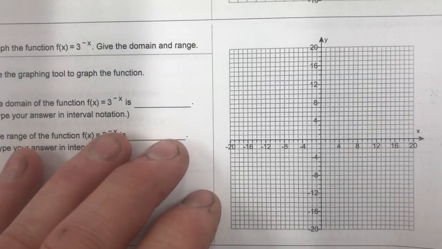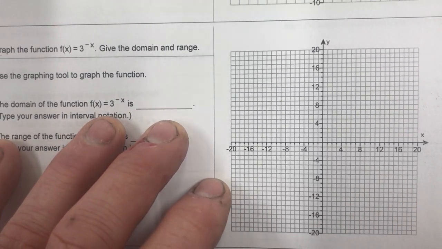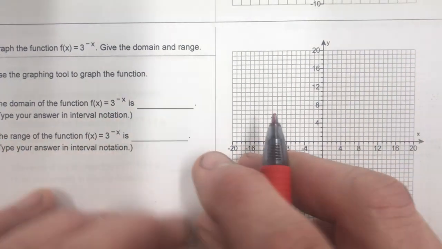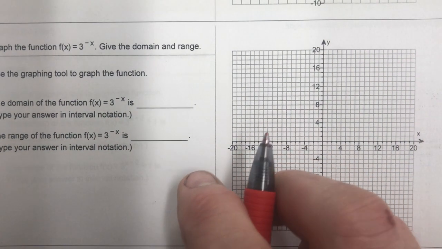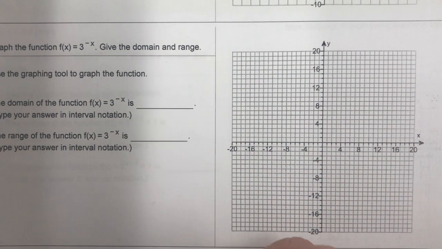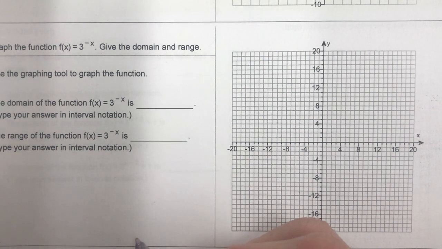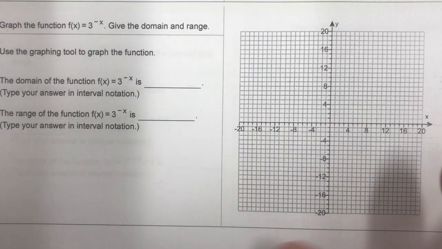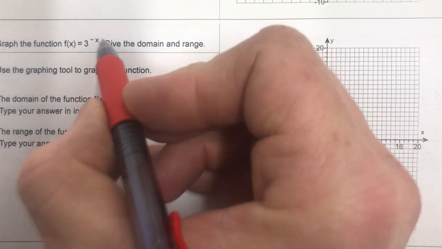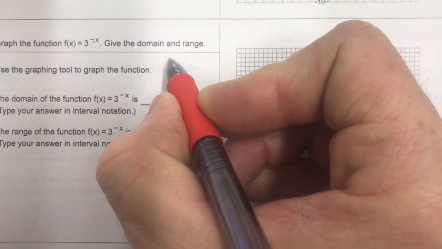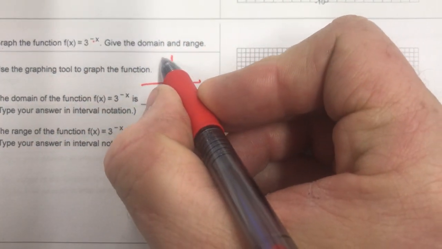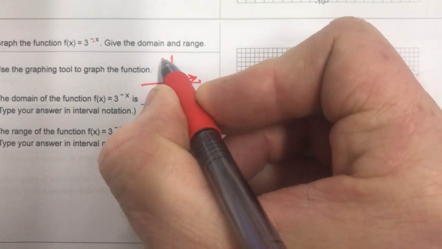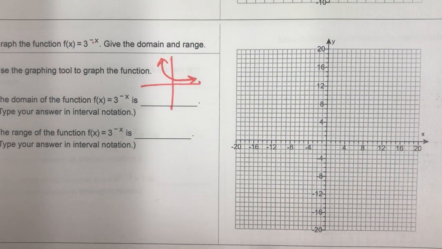Okay. Using the graphing tool, I probably should do one of these on the computer actually, so you can see how the graphing tool worked out. But see, my negative is in front of the x, so what that means now on this one, my tail is going to move to the right side, so it's going to be looking like that.